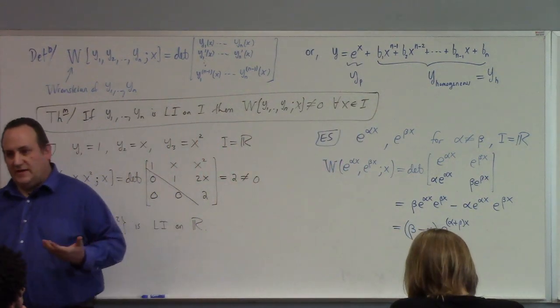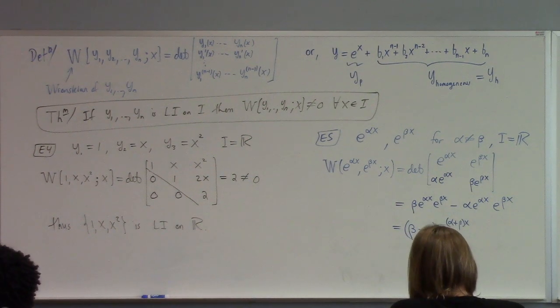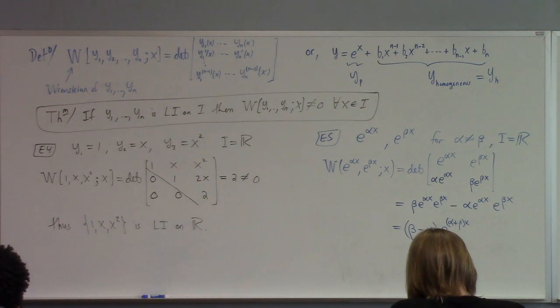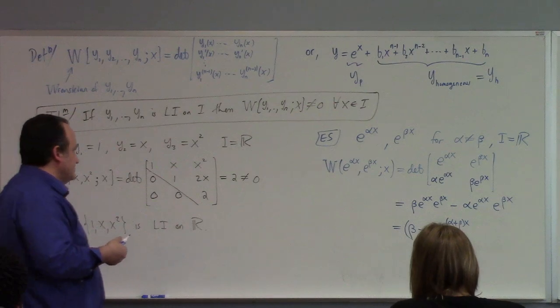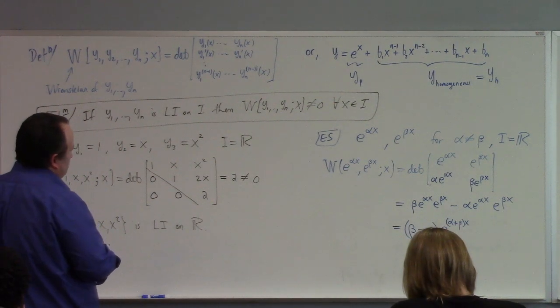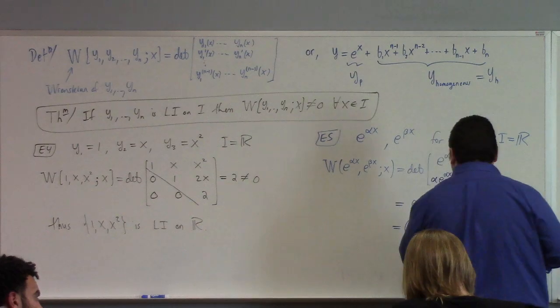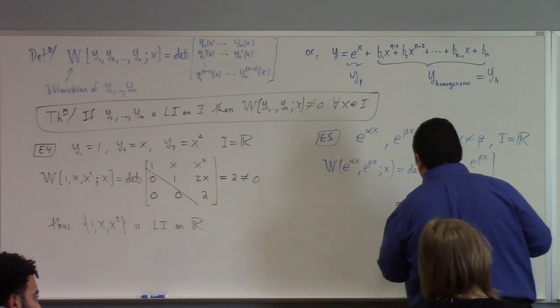Good news, the exponential is what? It's positive, right? So this is non-zero, and what do we know about beta minus alpha?